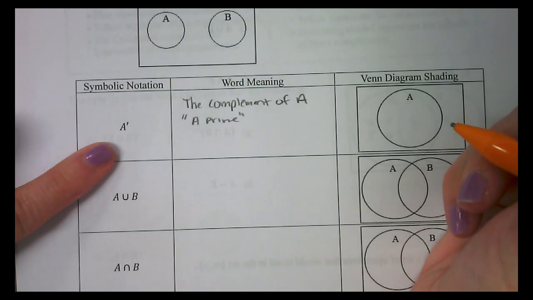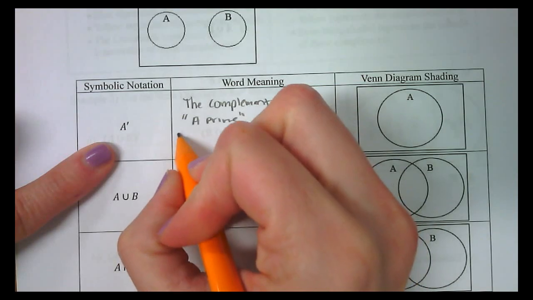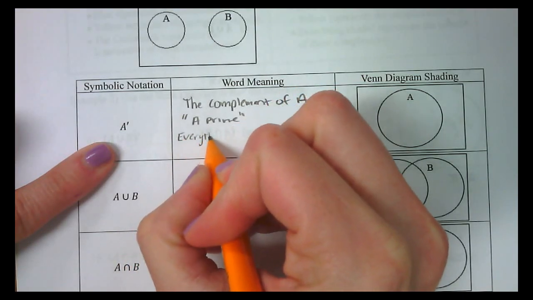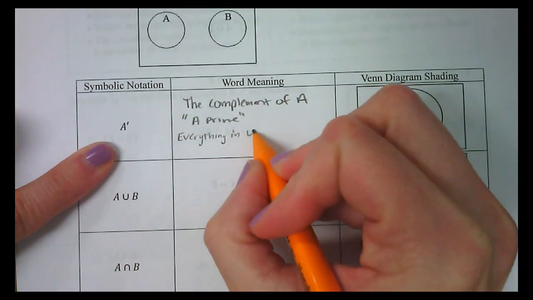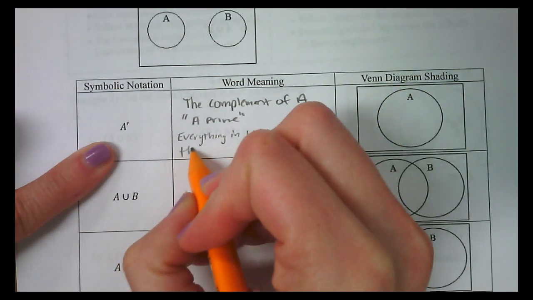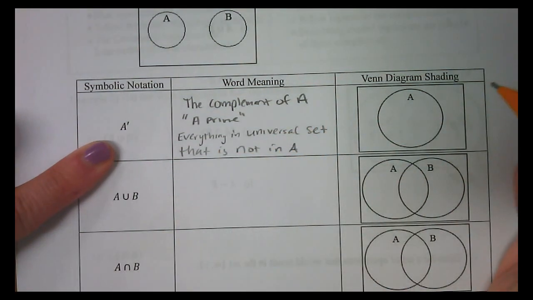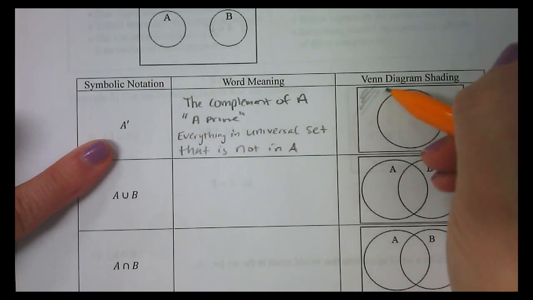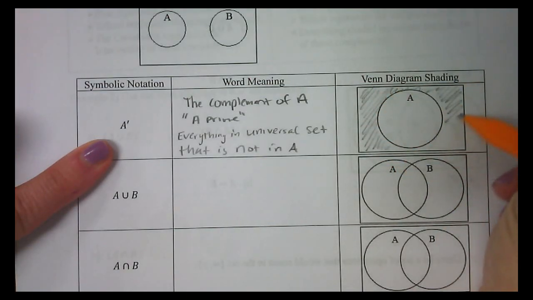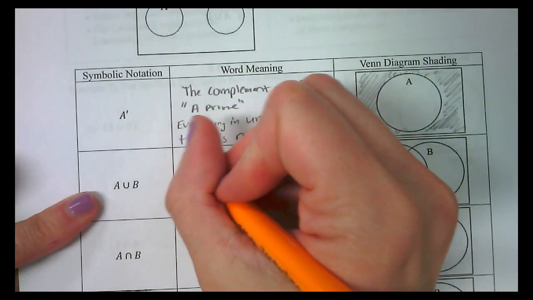It means everything that's in the universal set that's not in A. So if I were to shade what that means, I'd be shading everything around the outside of A.